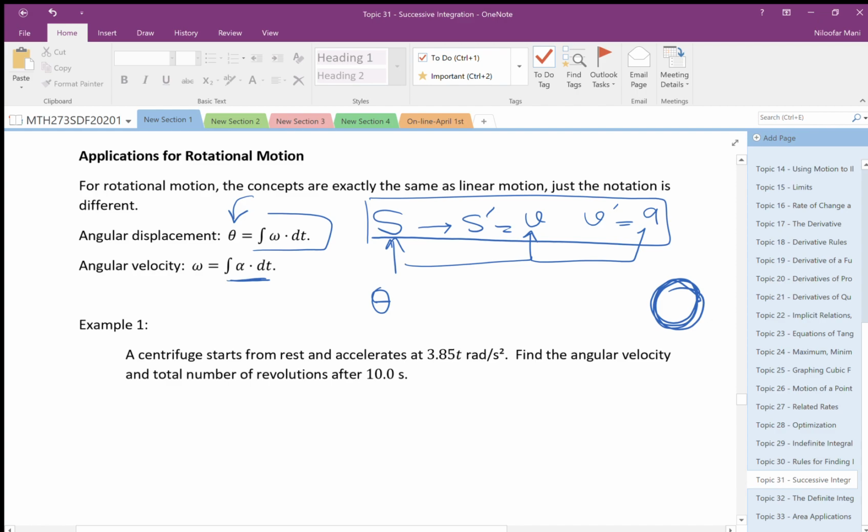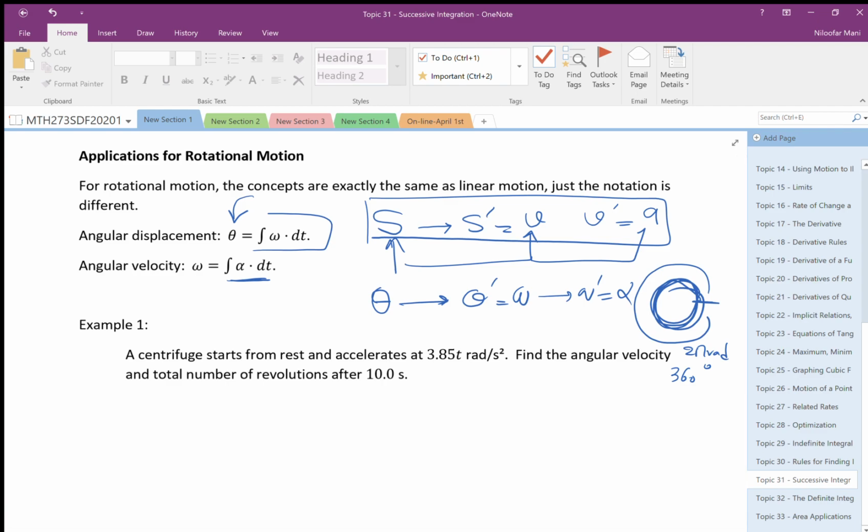I can tell how much I moved in terms of radians or degrees. When I start here and go back to this, it will be 2 pi radians, or 360 degrees, but I am still in the same position. If I do the derivative of this, it will be omega, which is angular velocity, and if I do the derivative of omega, it will be alpha, which is angular acceleration.